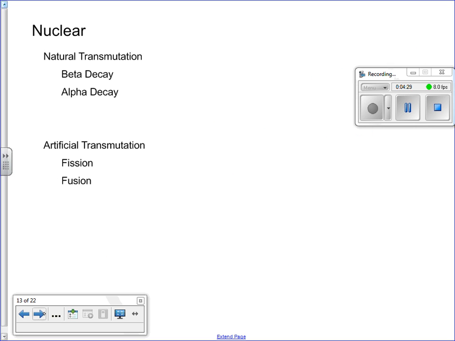All right, nuclear reactions are also chemical reactions. Okay, we talked about natural transmutation and we talked about artificial transmutation. Transmutation means you have a new element. That means that nucleus, this is the reactions of the nucleus, the protons and neutrons, is changing. It's mutating into something else.